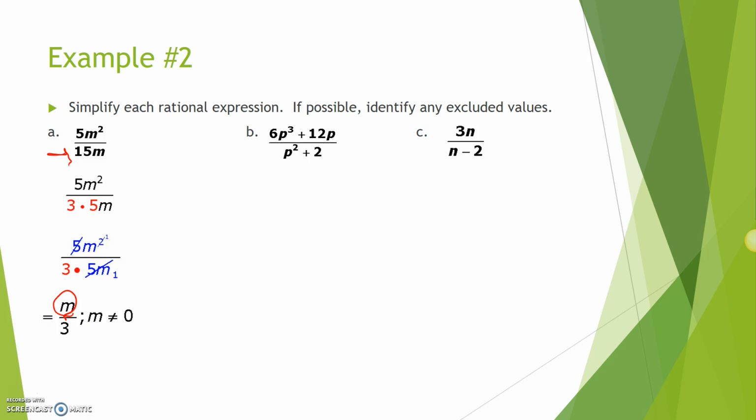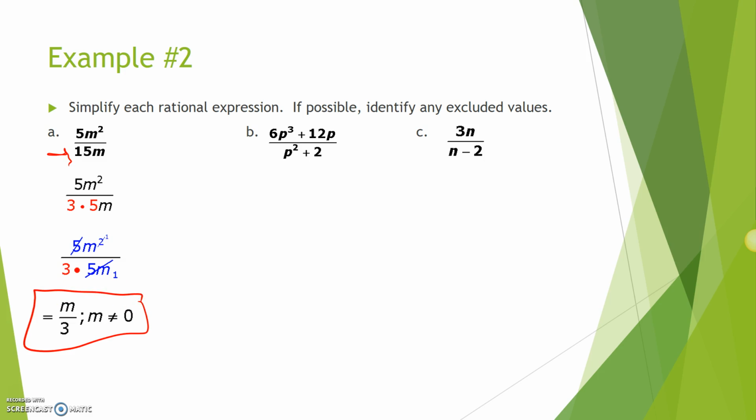And m cannot equal 0, so my answer here is m over 3. My excluded value here: we just say m cannot equal 0. So this will be my answer.